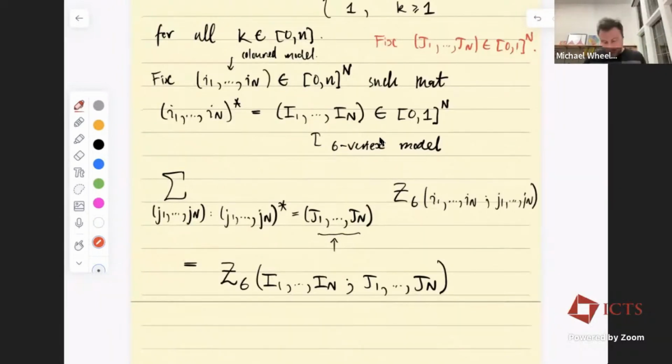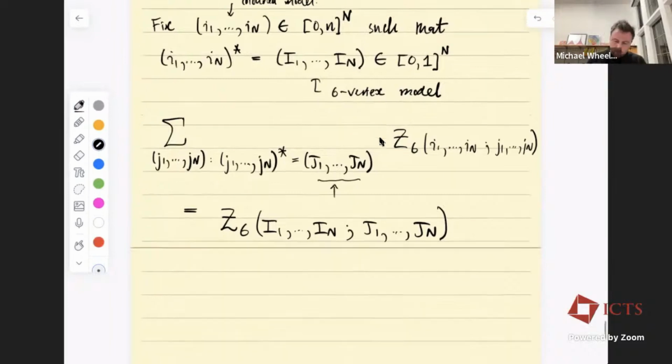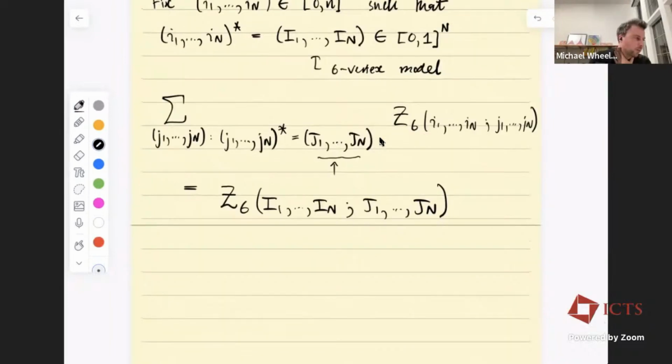Okay, so it's perhaps not so intuitively clear what's going on here. So I will do an example in a moment, which will hopefully make it clear what's actually happening.